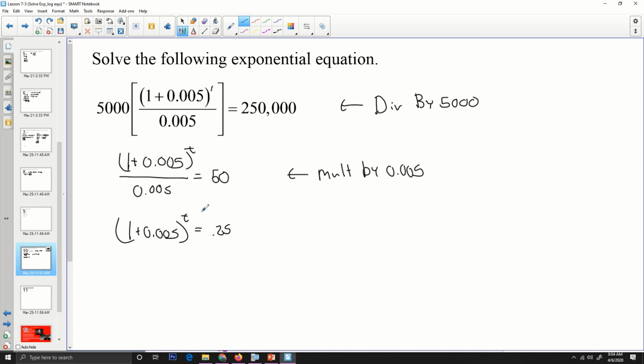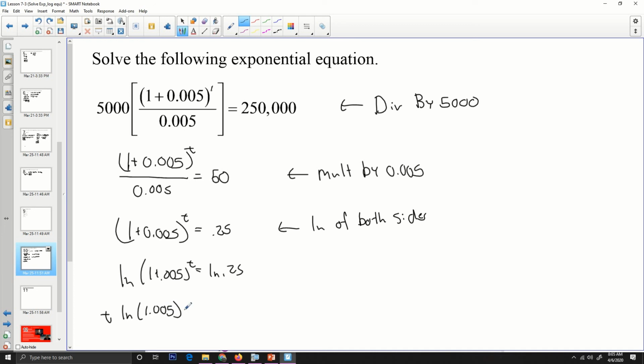All right. So now I take the ln of both sides, and that'll give me ln of 1.005 to the t equals the ln of 0.25. I'll bring the t down, t ln of 1.005 equals ln 0.25.